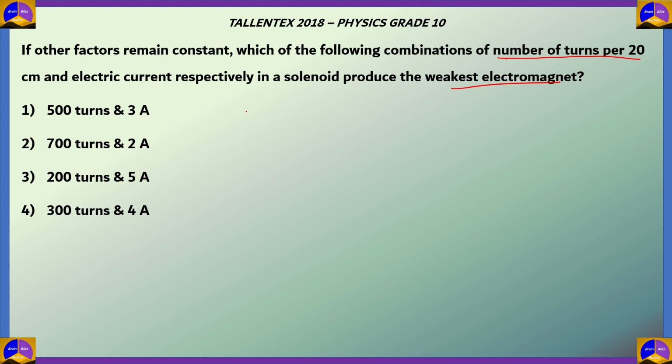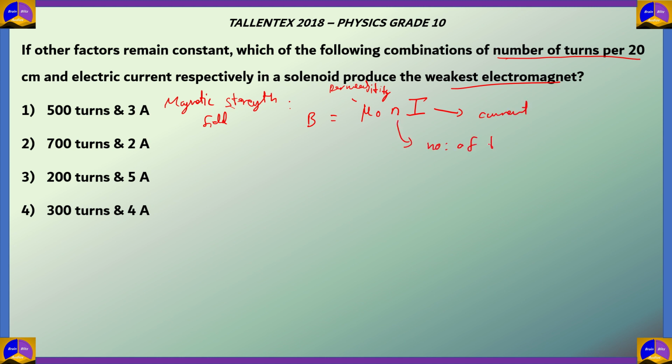Alright, so for this we need to find out the strength of the magnetic field. That is represented as B, and it's equal to mu naught times lowercase n times I, where mu naught is the permeability of free space. Then we've got I, which represents current, and n stands for number of turns per meter.